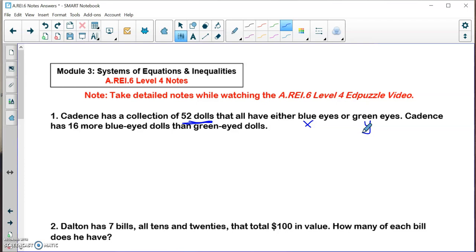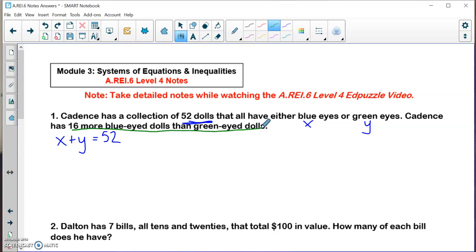So if I have 52 dolls total, that means that if I take the number of blue-eyed dolls plus the number of green-eyed dolls, I would get 52 dolls altogether. Then it says Cadence has 16 more blue-eyed dolls than green-eyed dolls.